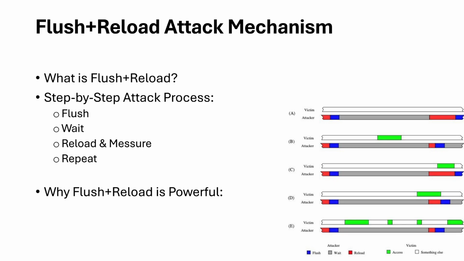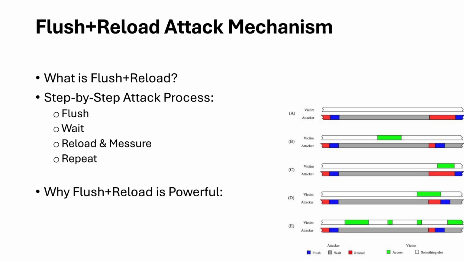Looking at the diagram, we can go through a step-by-step look at what's going on. Essentially, the first step is flushing. The attacker evicts a targeted cache line using CL_FLUSH. Then we wait for the victim to process the execution.